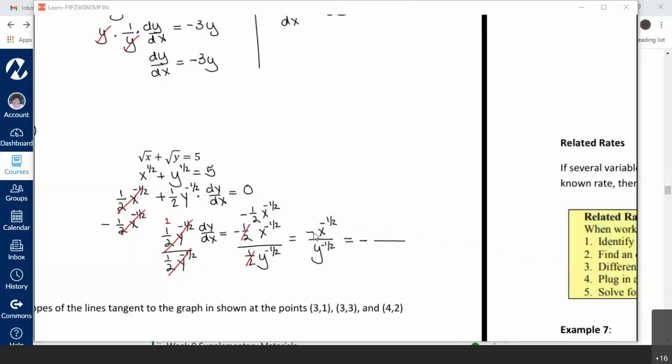Remember, negative divided by positive is negative. So I'm just pulling the negative sign out front. If both of these were negative, I could call the whole fraction positive. But I'm just pulling this negative sign out in front so it doesn't get in the way. And then I'm going to put the square root of x on the bottom.